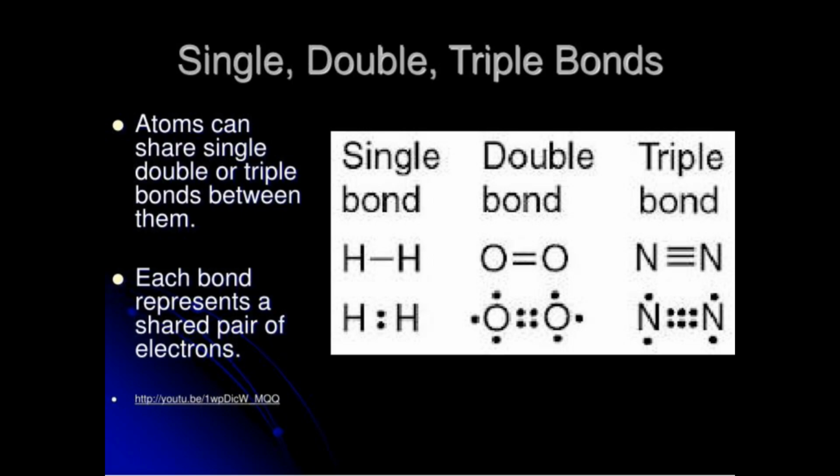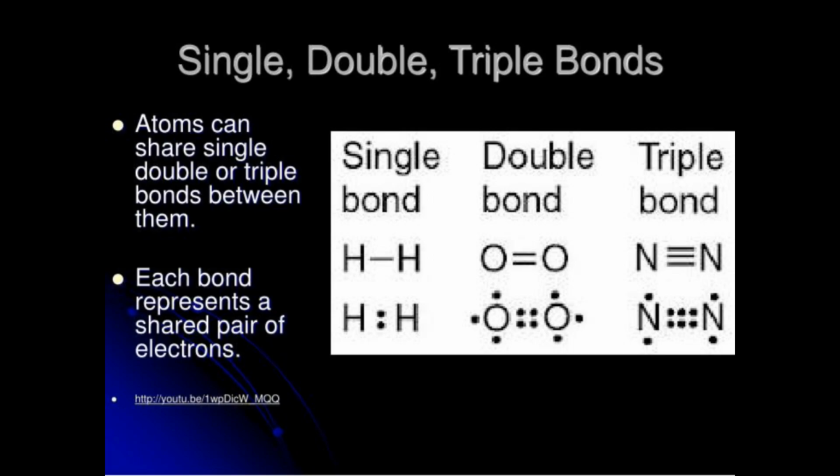In terms of double bond, you can have the oxygen molecule. Now in the oxygen molecule, you have 2,6. So for the 2,6 on the oxygen molecule, you are going to have lone pairs, 2 lone pairs on each oxygen atom, and they're going to drop 2 electrons each for bonding.